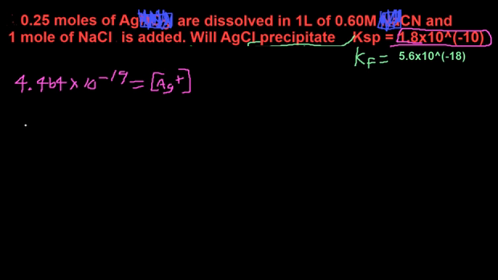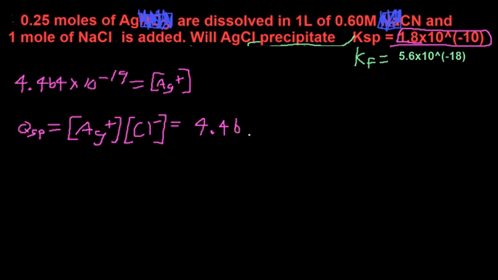Our Qsp is going to equal the concentration of silver times the concentration of dissolved chloride. We know the concentration of silver is 4.464 times 10 to the negative 19, and we're going to assume sodium chloride dissociates completely. We didn't even care about the sodium.